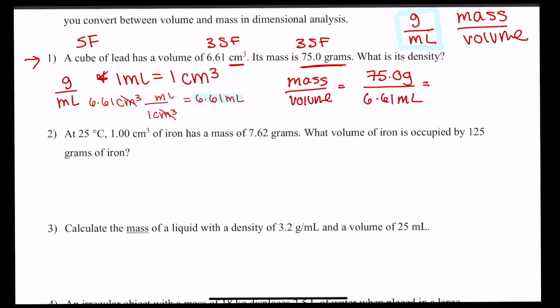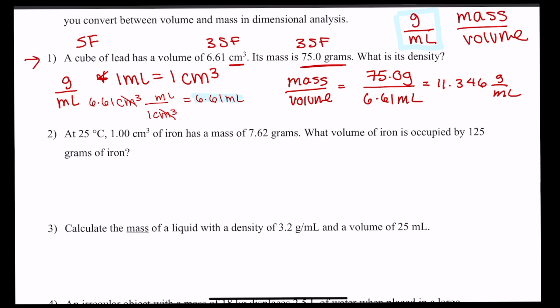I will get, let's see here, 75 divided by 6.61, 11.346 grams over milliliter.